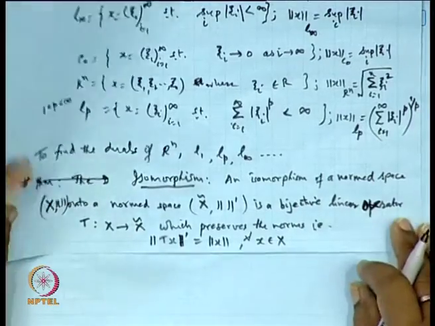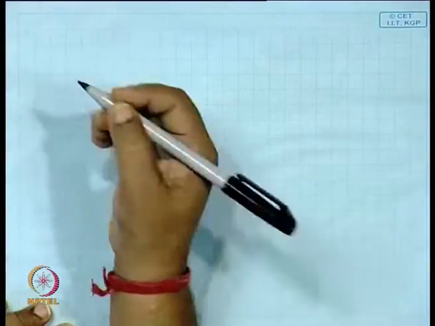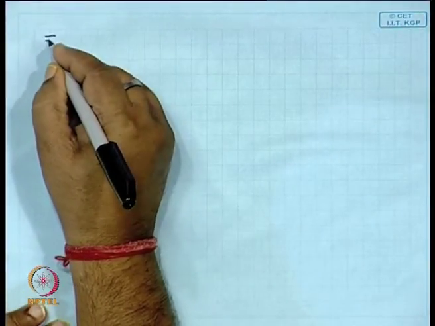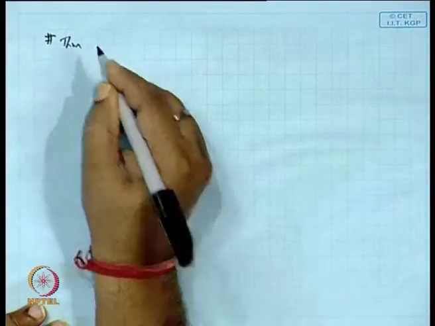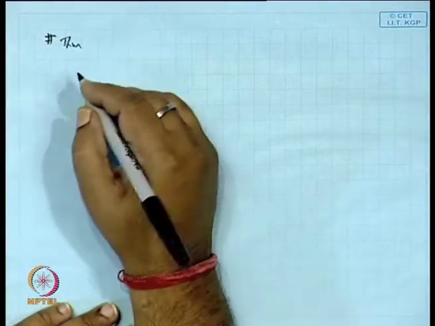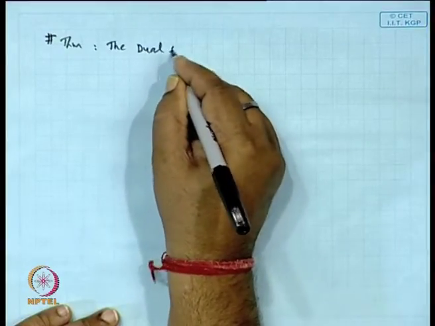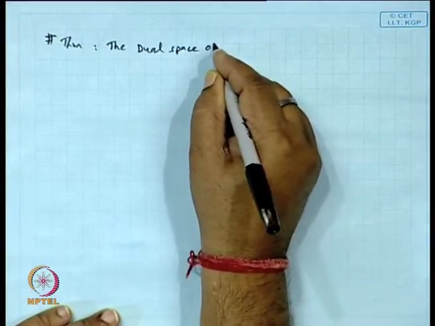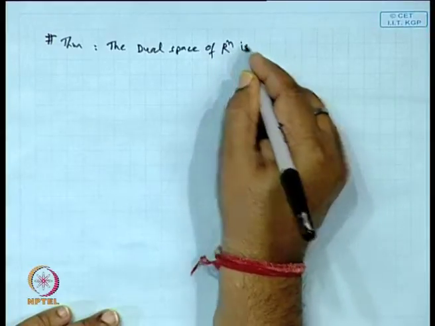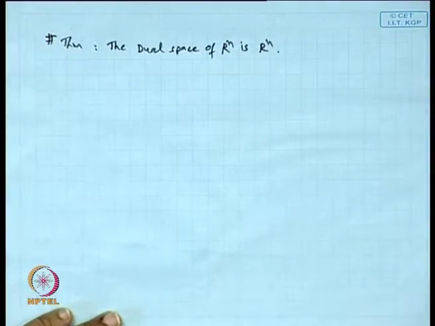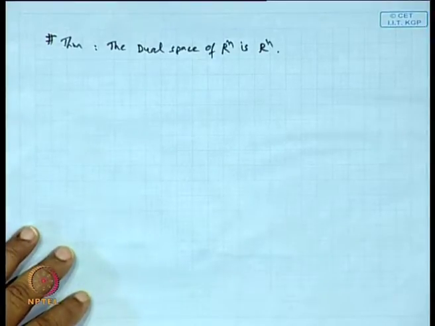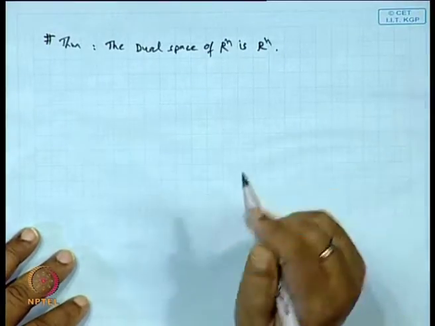Okay. And now, this concept will be used in investigating the dual. So, the first result is that the dual space of Rn is Rn.